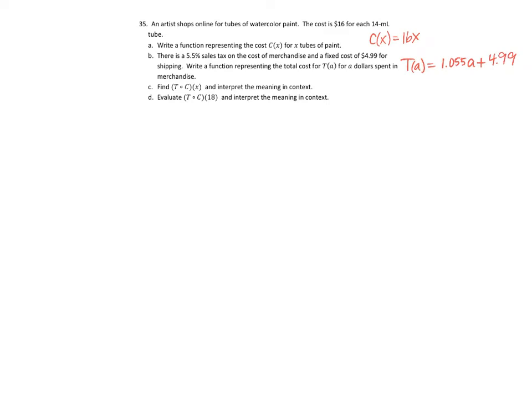All right, gotcha. Now there's my function. Then I want to do T composed with C of X. So T composed with C of X would be equal to T of C of X. And so what I want to do is T of, and what's C of X?